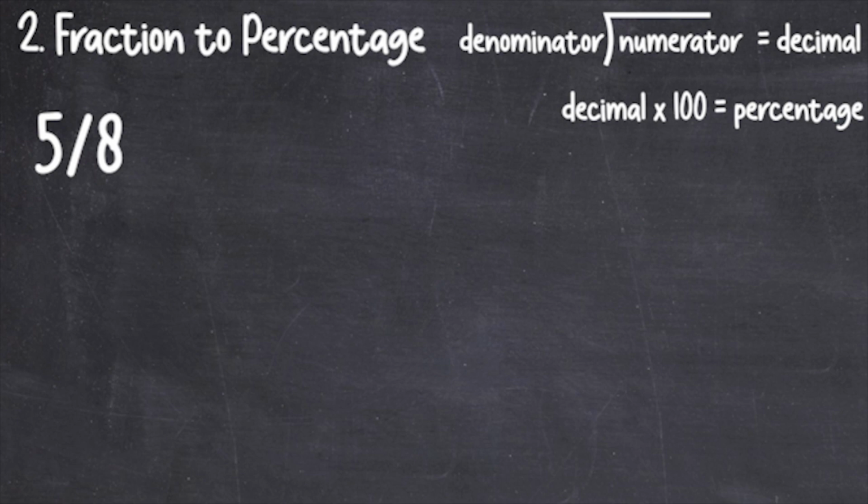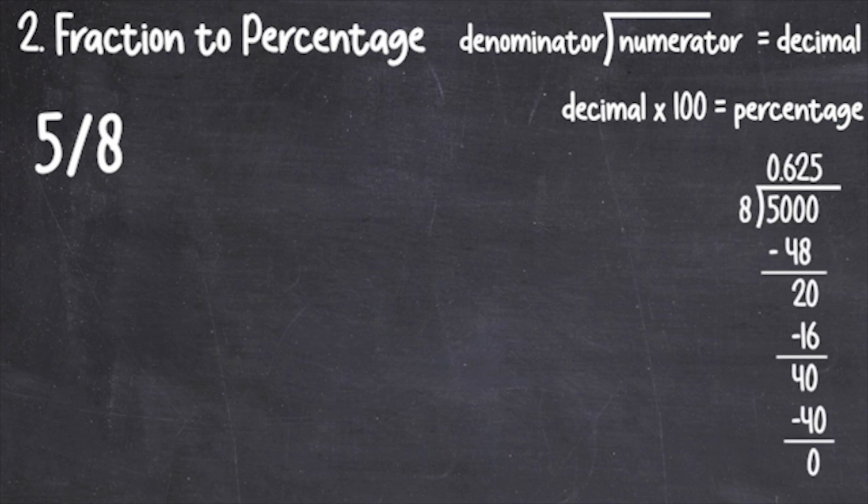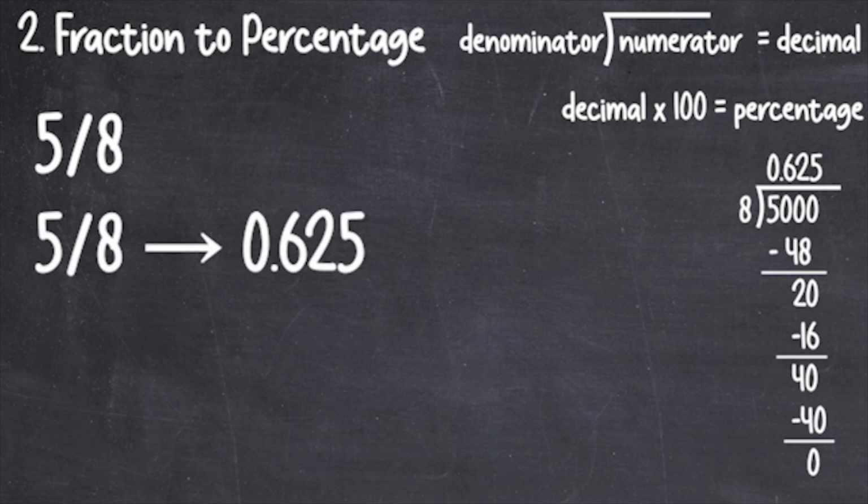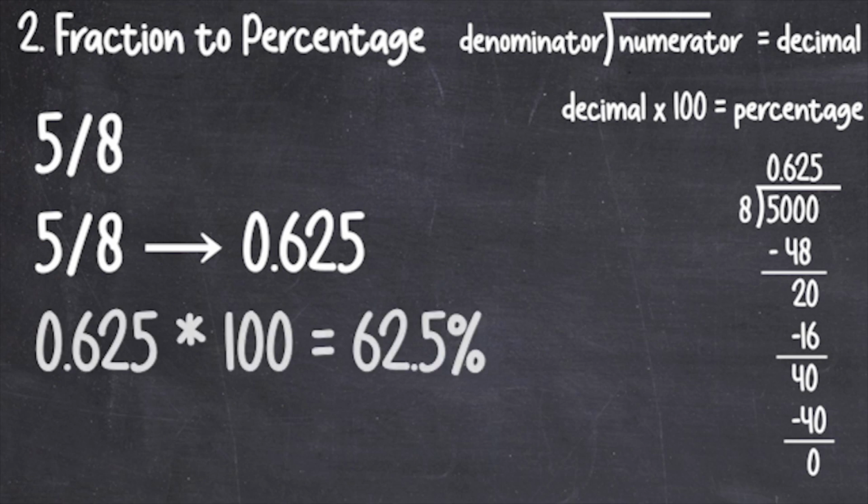To convert this fraction to a percentage, first divide the numerator, 5, by the denominator, 8. This gives us 0.625, which is the decimal form of this fraction. Now that we have a decimal form, simply multiply it by 100. 0.625 times 100 is 62.5%. Great work!